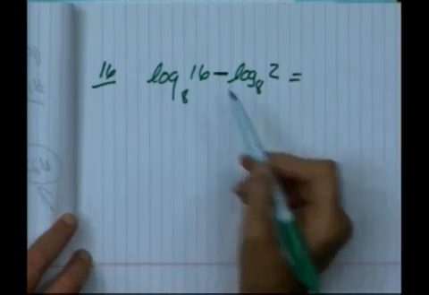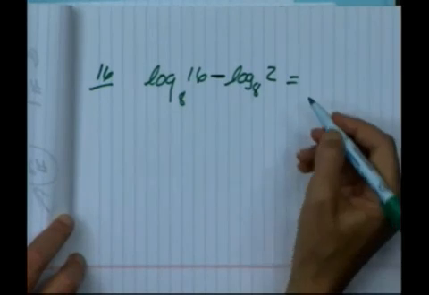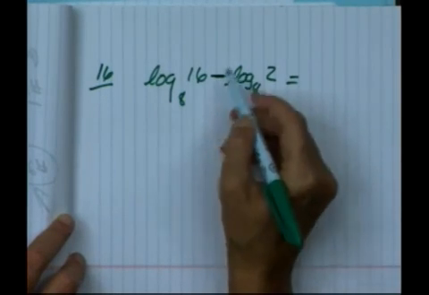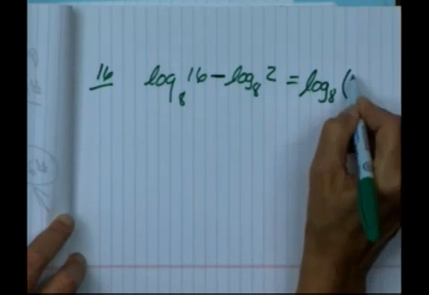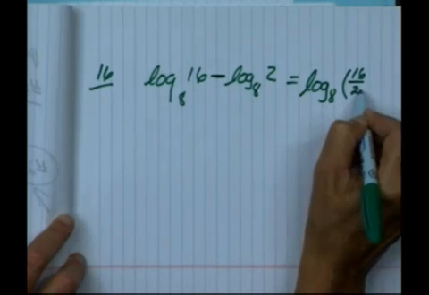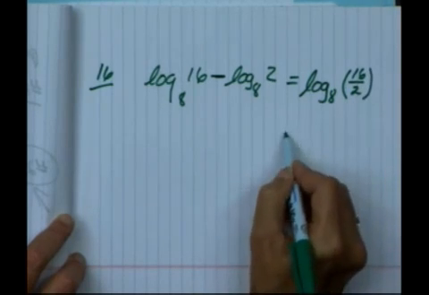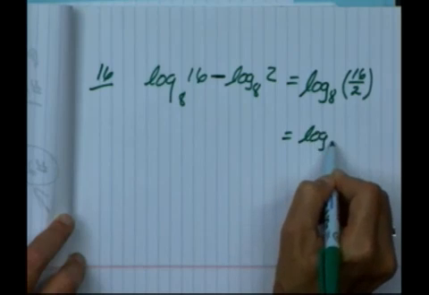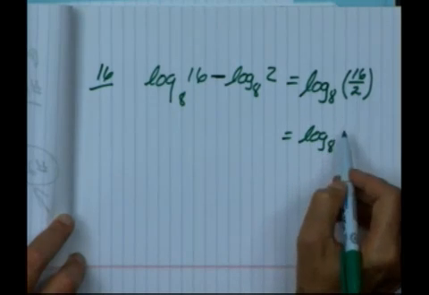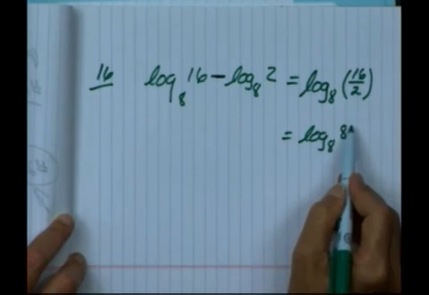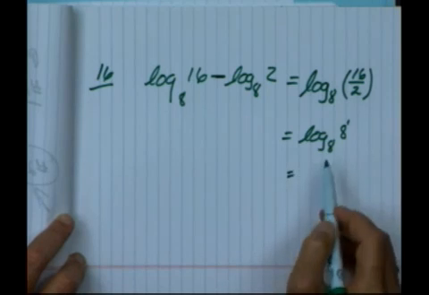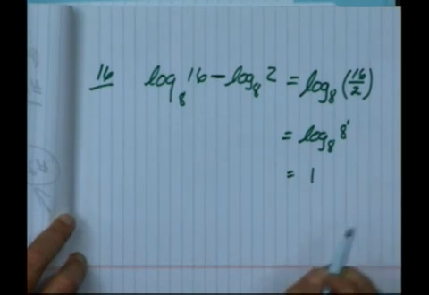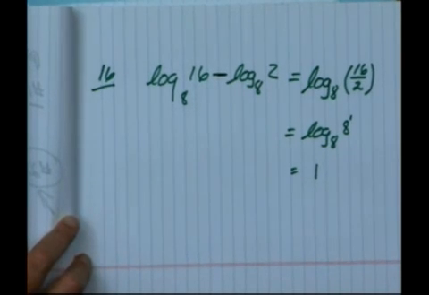You've got subtraction, so it's going to be division: log to the base 8 of 16 divided by 2, which is log to the base 8 of 8, which is like log to the base 8 of 8 to the first, and everybody says that is 1. Okay? All right, so they just wanted to get you going on some properties in there.